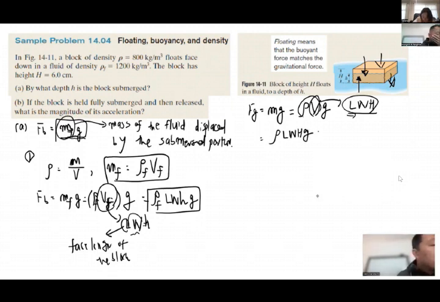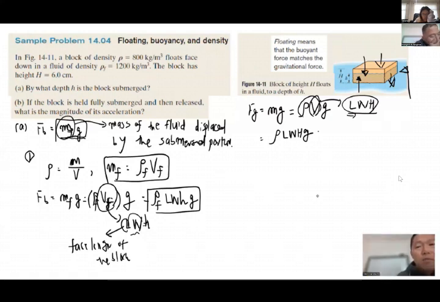The floating block is stationary, which means the upward force and the downward force stay in balance. If you apply Newton's second law along the vertical y-axis, the net force should equal 0, because there is no up or down movement.